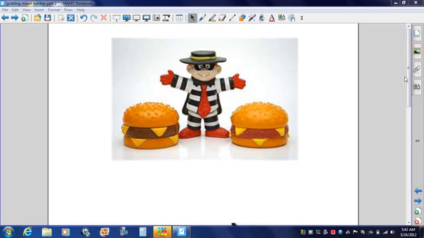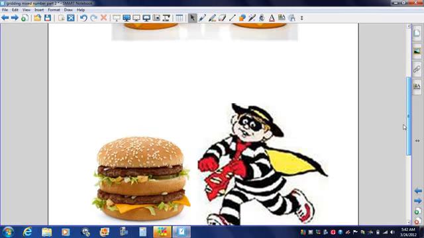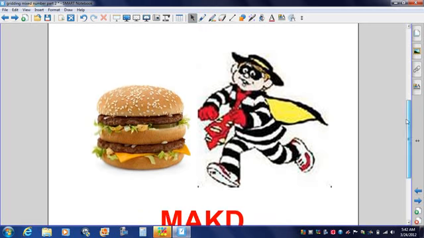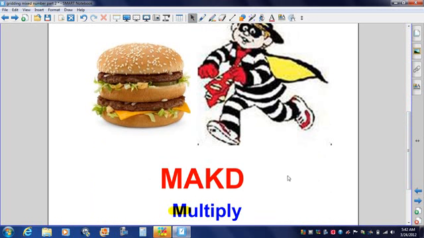Here's why. Because we're going to pretend that you went to McDonald's and you ordered yourself a Big Mac. If the Hamburglar was still around, the Hamburglar would steal your Big Mac and get away with it. We would say that you got macked.